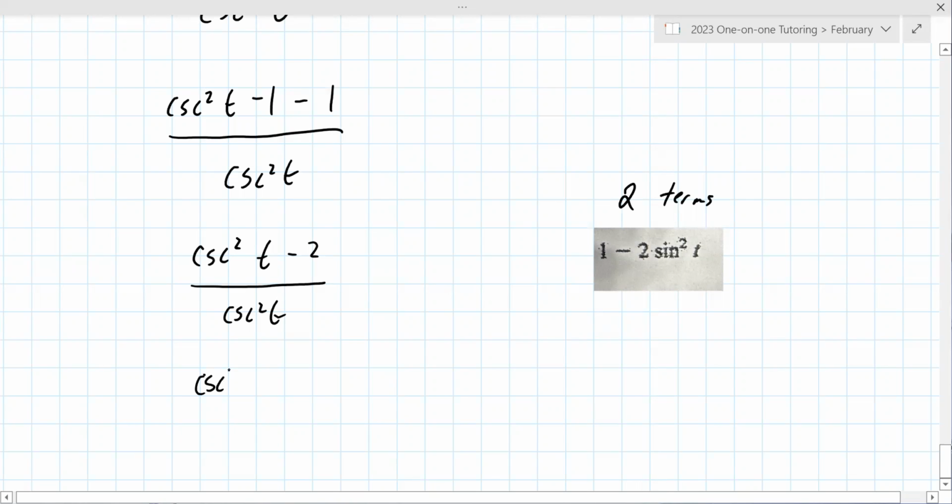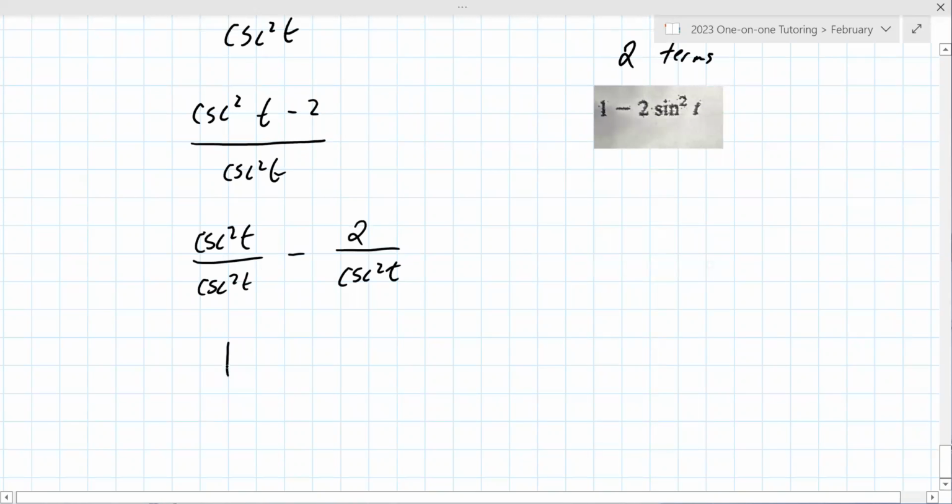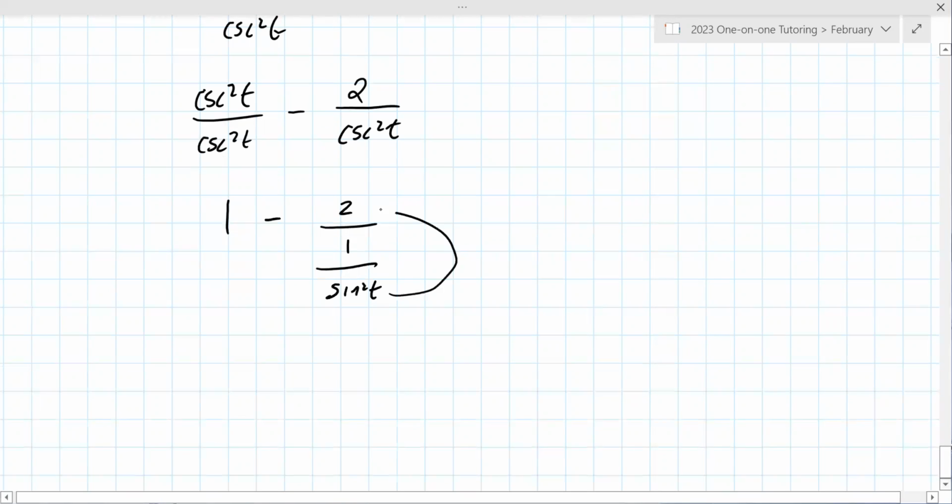So again, just writing out here, cosecant squared t over cosecant squared t minus 2 over cosecant squared t. So the one on the left becomes 1. And then the one on the right, you've got to decide: you can literally just say it's sine squared t. You don't have to show anything. But if you want to, you can write, like you just said, 1 over sine squared t. And then it's the same thing we talked about earlier where that comes up top. Then you have it.